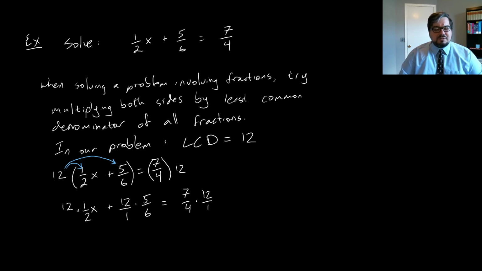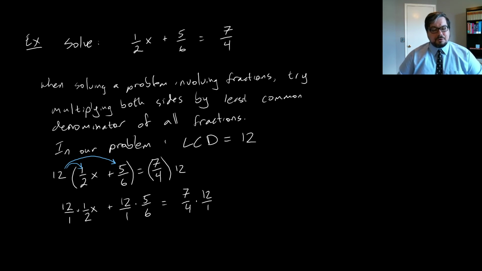And of course, each of these 12s is secretly a 12 over 1, which we'll want to go ahead and write that way. And now we can do the same thing that we did in the previous problem, where we've got fractions being multiplied, and there are going to be common factors in the numerator of one fraction and the denominator of another, which we can cancel.